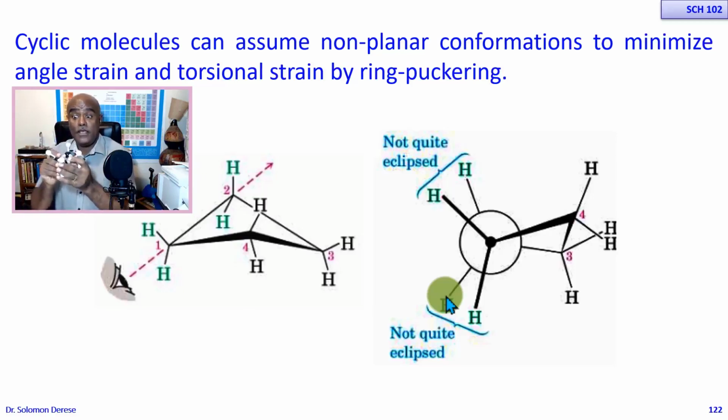Of course, when you do that, you can take this carbon to be out of plane, like this. It's also possible to take this other one out of plane, like that. So we have two conformations of cyclobutane, one of them being this one, the other one being the other one. And these two conformations are in equilibrium with each other.